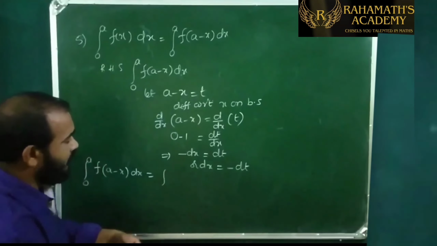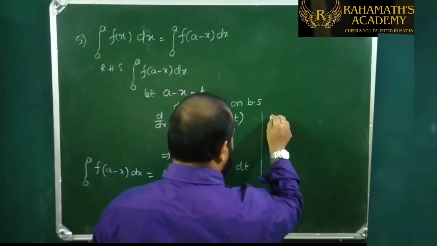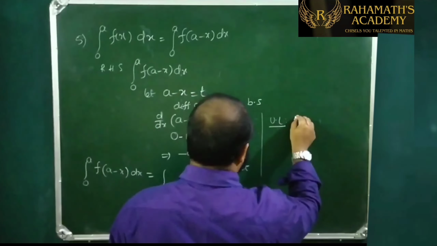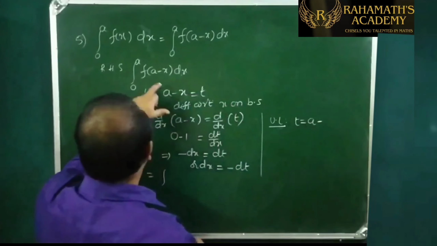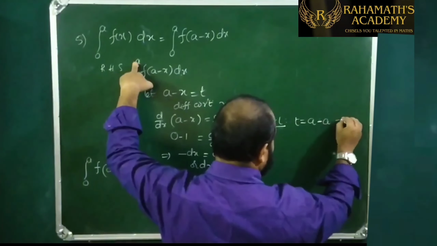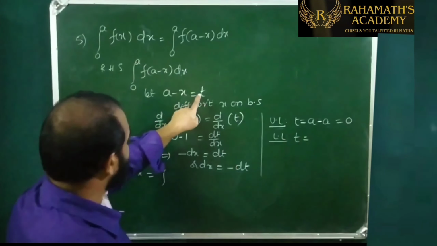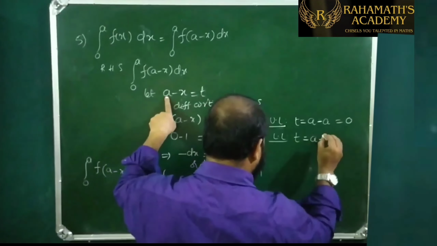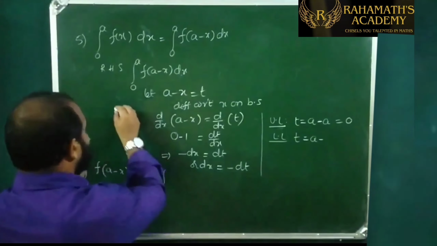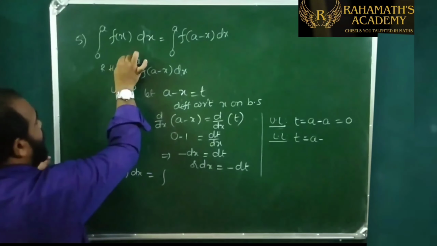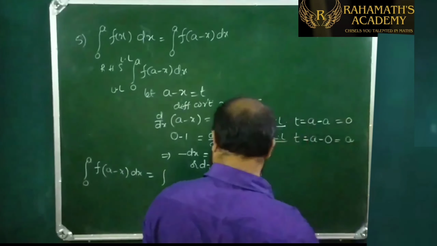Therefore we need to find the new limits. For the upper limit, t is equal to a minus x, with x equal to a, which gives 0. For the lower limit, t is equal to a minus the value of x, which is 0, so this is a.